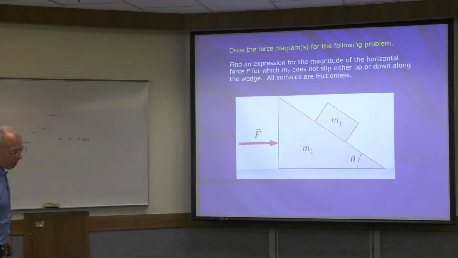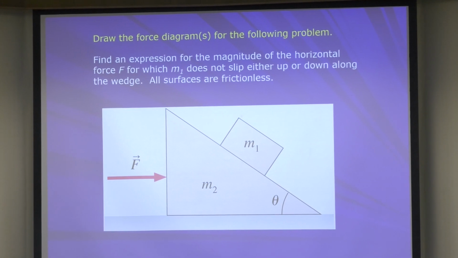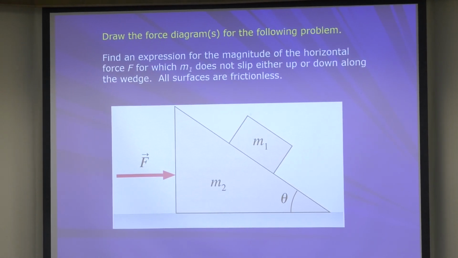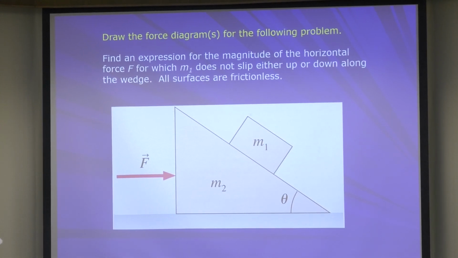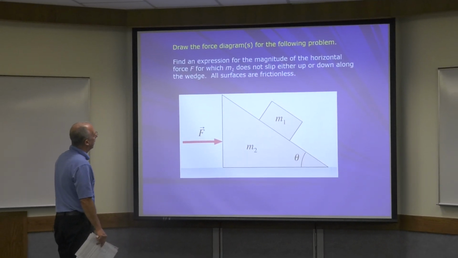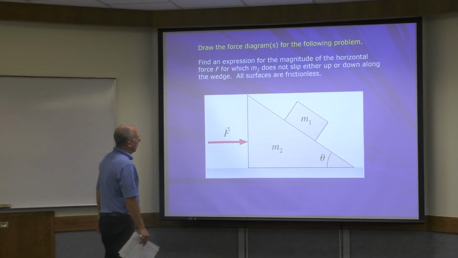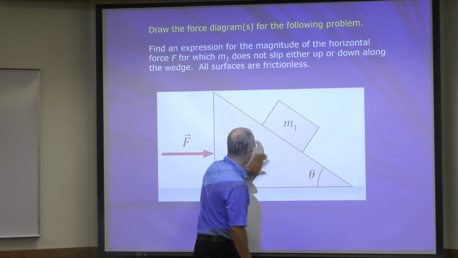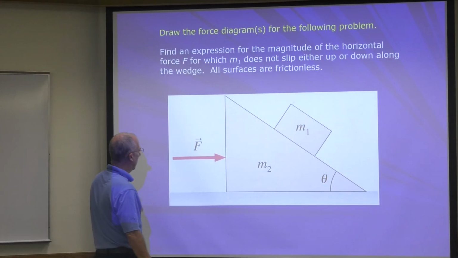So pause your video and read it and draw the force diagram. All right, you're back. This is a tough one. All we're going to do is draw the force diagrams, right? We don't want to solve it. So basically, this mass is on this mass, and we're pushing on it.